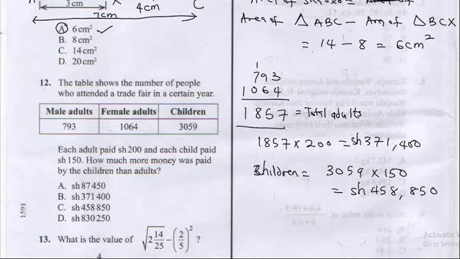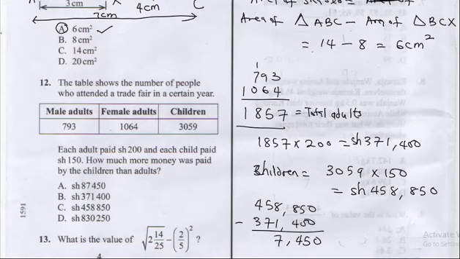So we're going to subtract 371,400 from 458,850. This is going to give us 0, this is 5. 8 minus 4 is going to give us 4. Put your comma. 8 minus 1 is going to give us 7.